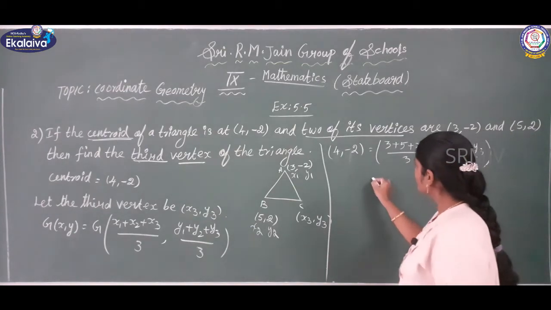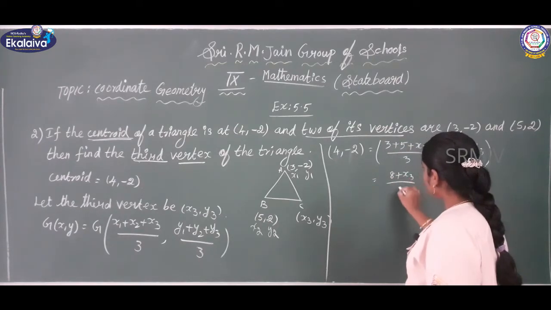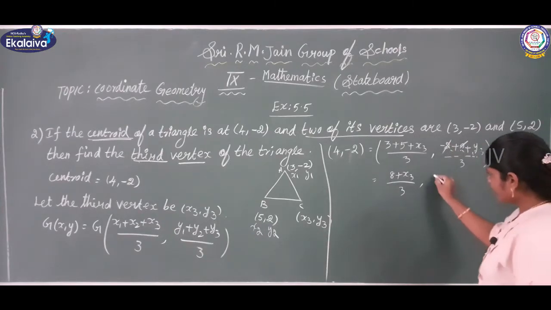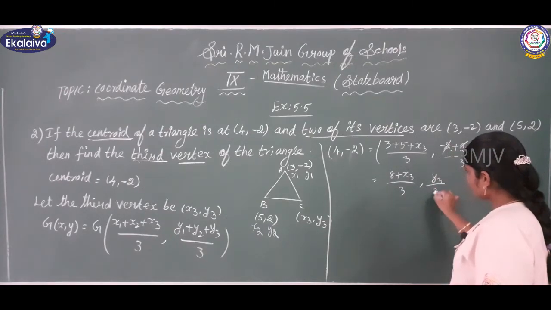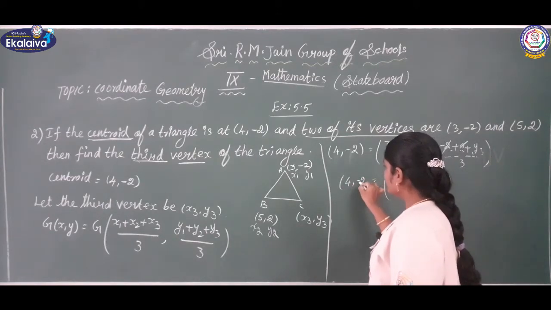So 3 plus 5 is 8, 8 plus x3 by 3 comma, here minus 2 plus 2 cancel, remaining y3 by 3 equal to (4, -2).